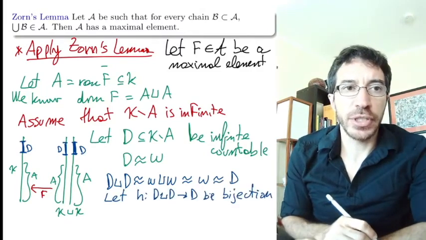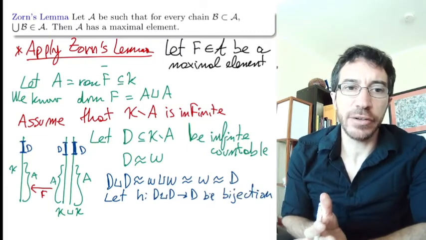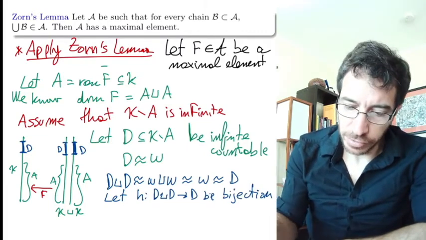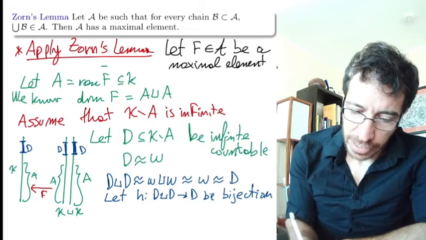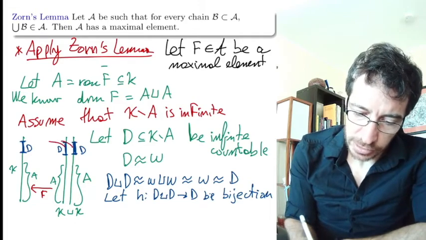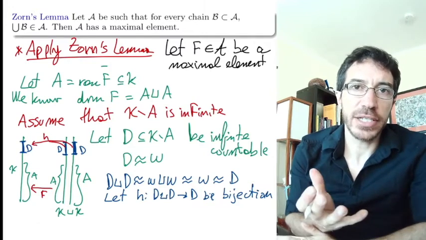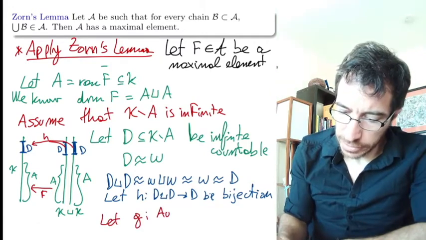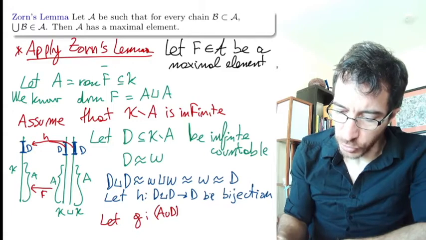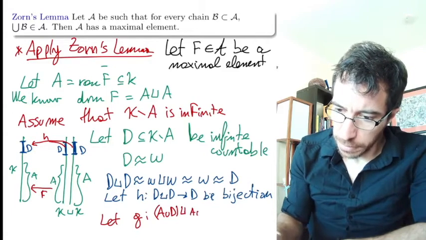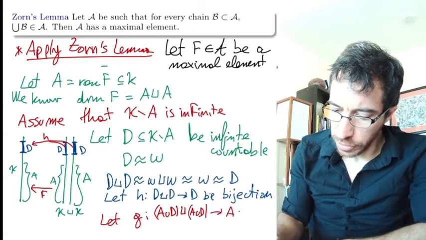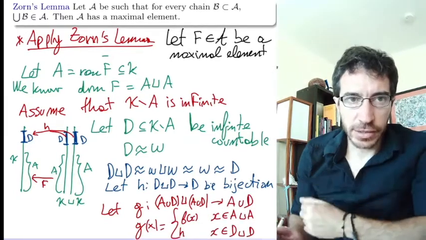Now, how are we going to extend f? We have f defined already here, and now we have h that goes from these two copies of D to this one, so we put them together and we get an extension of f. The domain is now A union D, disjoint union A union D, to A union D. So how do we define this g of x?